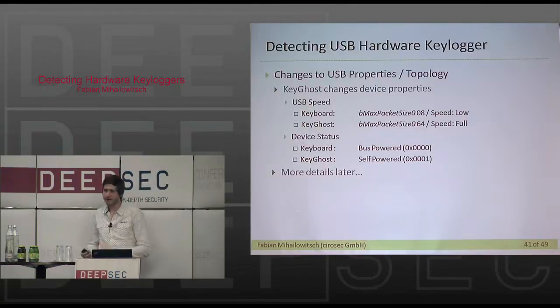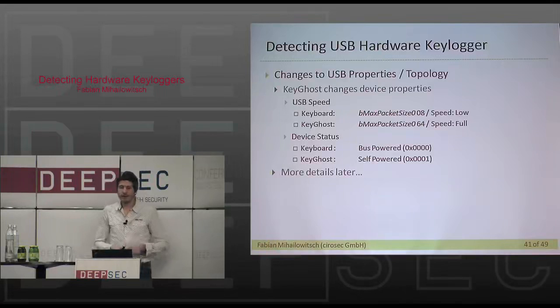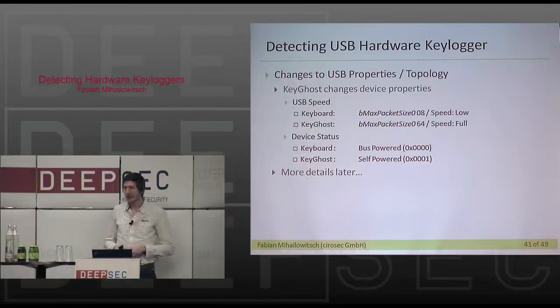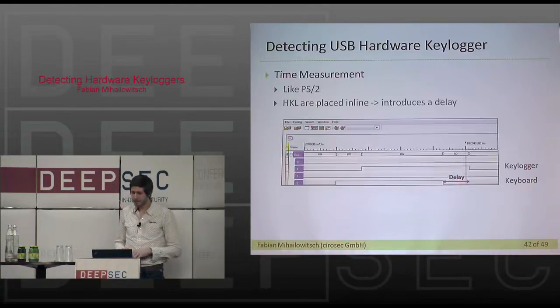Furthermore, the device status is changed. If only my keyboard is plugged in, it's bus-powered, which is correct because it is. If I plug in the KeyGhost, it suddenly says it's self-powered. Quite interesting for a keyboard, but okay. I will give you more details later on about why it actually looks like that.